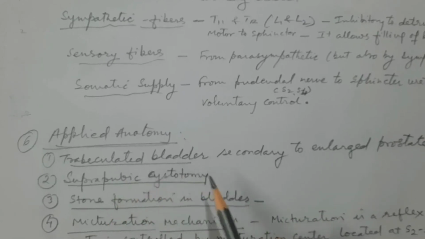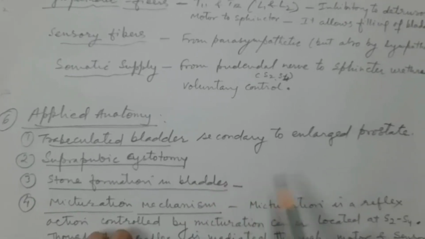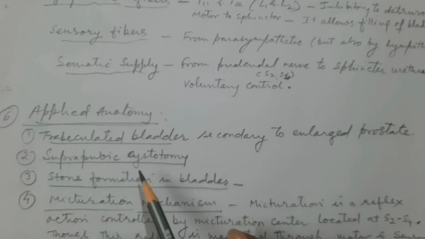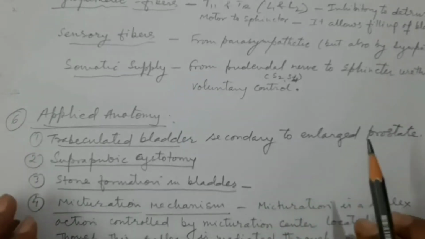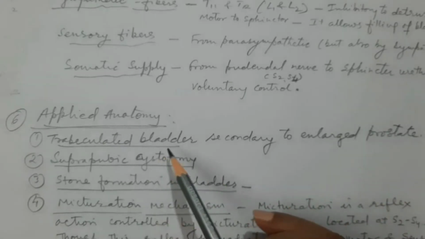If there is an enlarged prostate, this will lead to obstruction in the passage, because urine has to go through the prostatic urethra, and in old age the prostate gets enlarged. Because of this, the urinary bladder has to contract vigorously to pass the urine, and because of that the muscle of the wall of the bladder will bulge out in the mucous membrane.